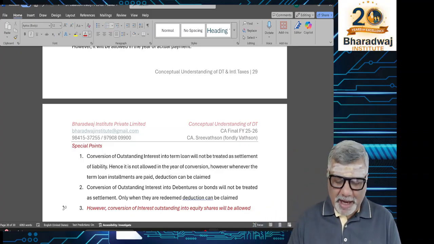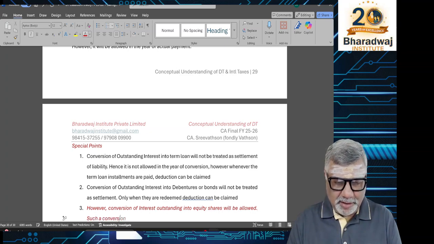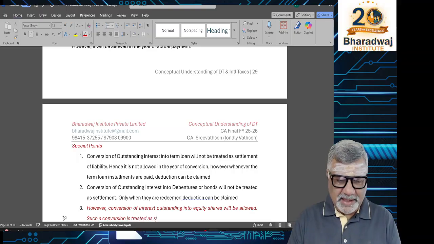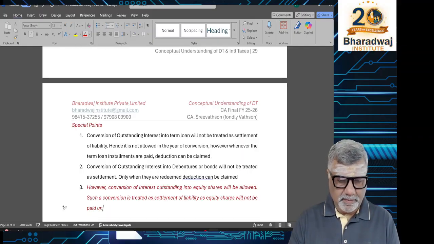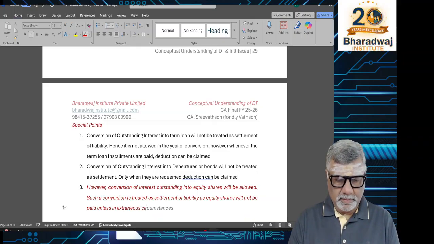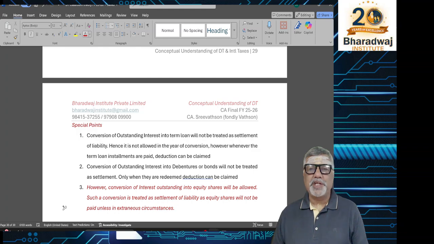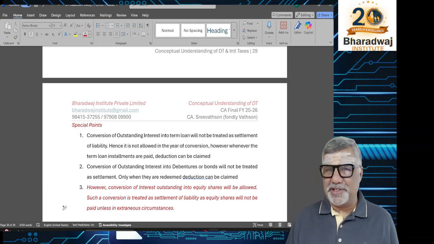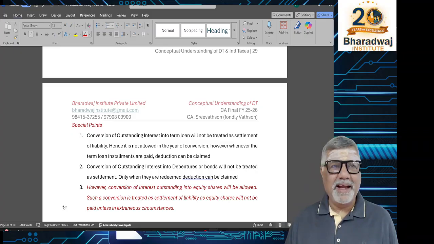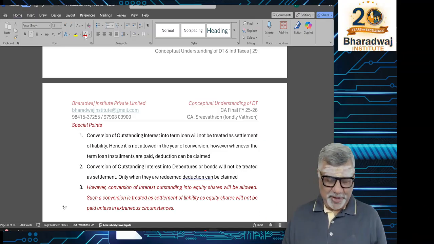Such a conversion is treated as settlement of liability as equity shares. So in very rare circumstances only, equity shares get paid, like buyback of shares, like winding up of the company. That's very, very rare.